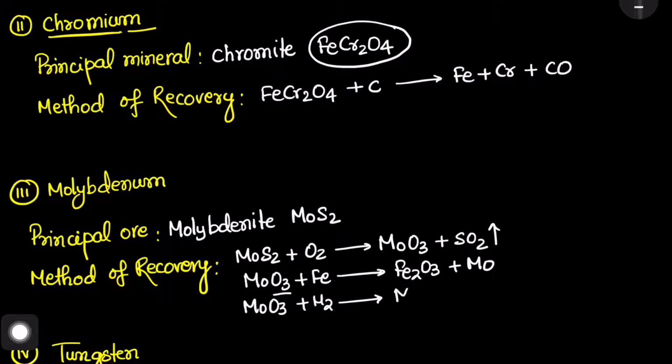So it will form molybdenum and water. So in the case of molybdenum, molybdenite is first roasted to form molybdenum trioxide, and then we can do metallothermic reduction, that is the reduction of molybdenum trioxide by using another metal like iron, because iron has more affinity towards oxygen as compared to molybdenum. Or we can reduce molybdenum trioxide by using hydrogen.